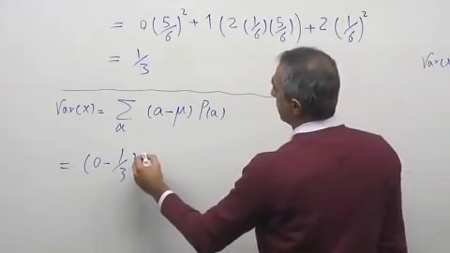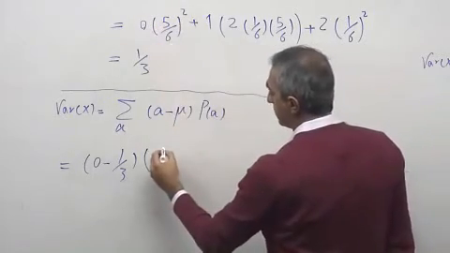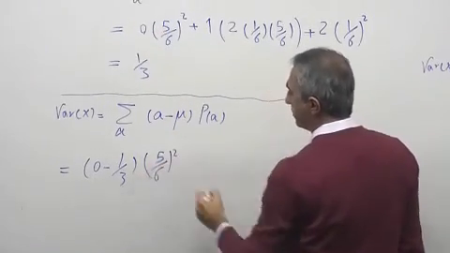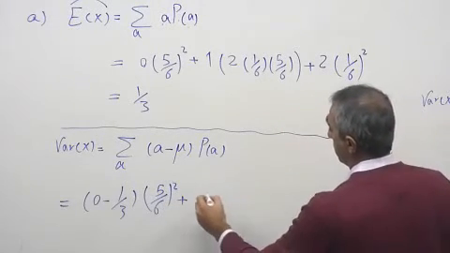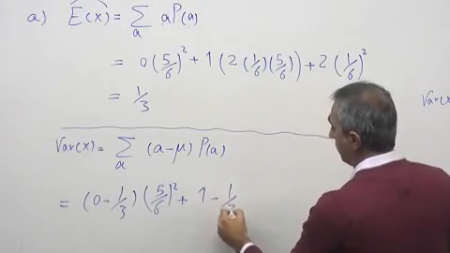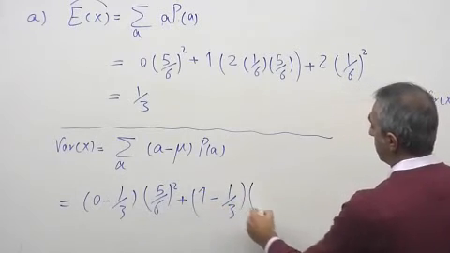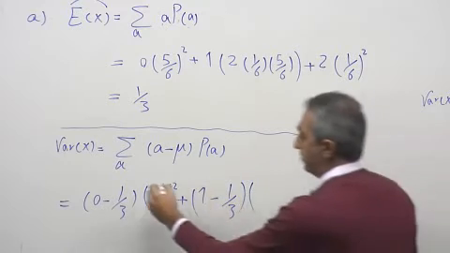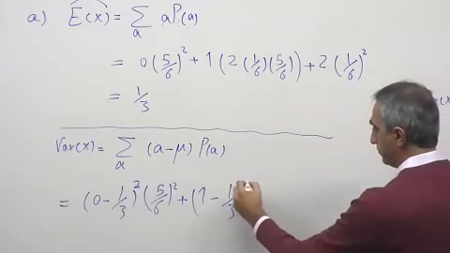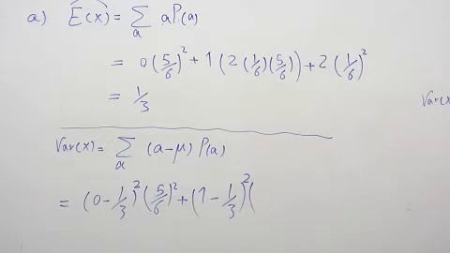times the corresponding probability, which is this guy, plus 1 minus 1 over 3. Oh yeah, squared. Thank you. That should be, oops, this one.